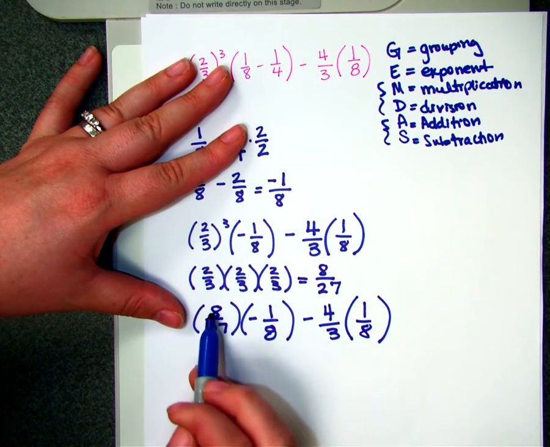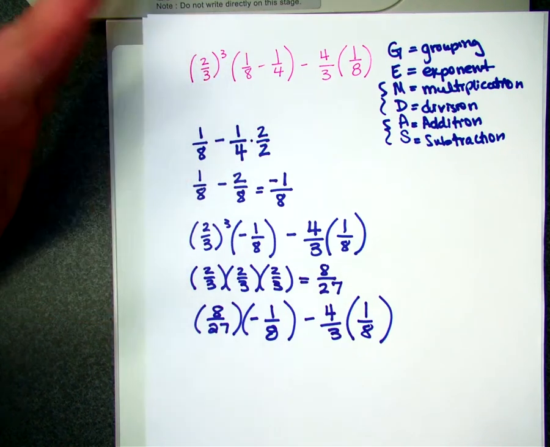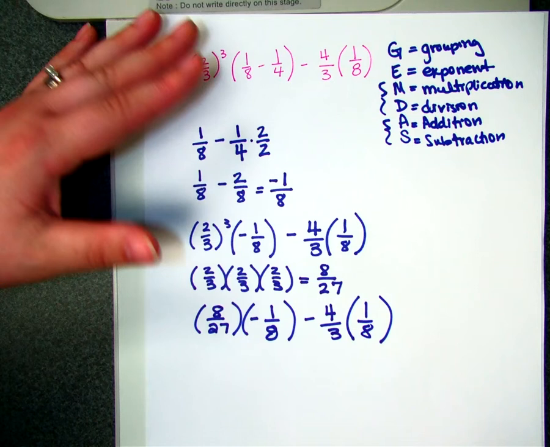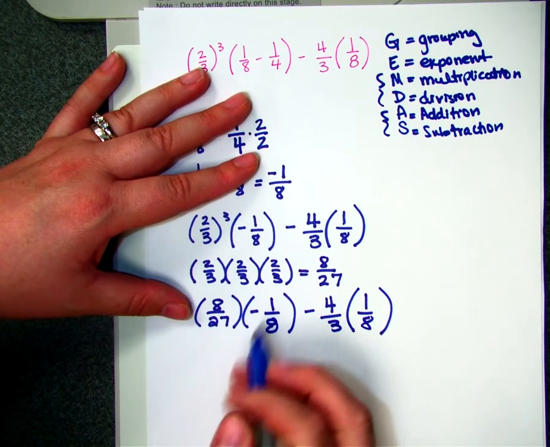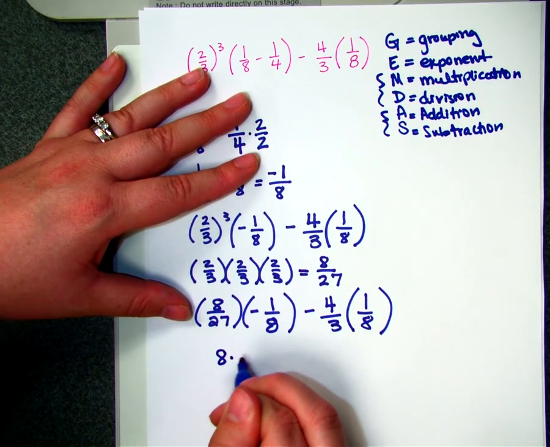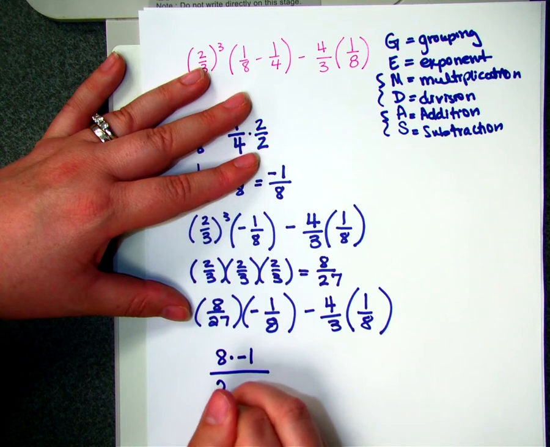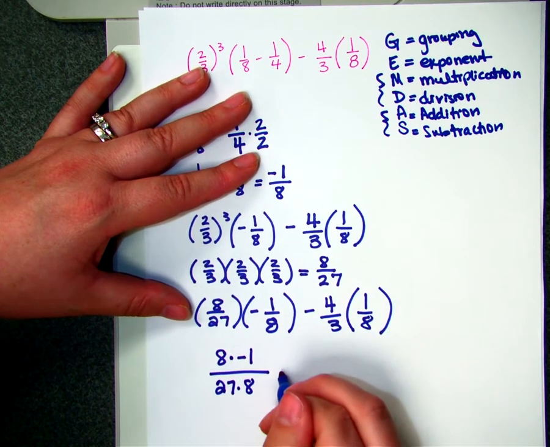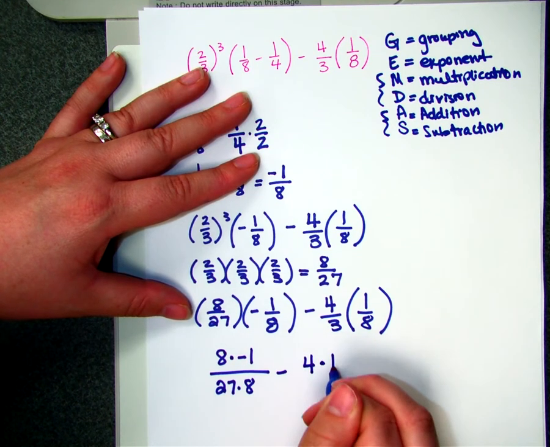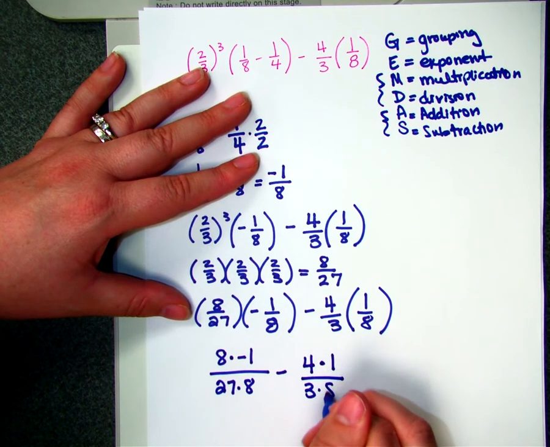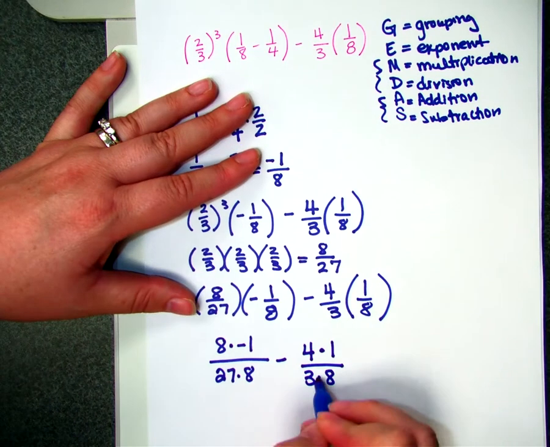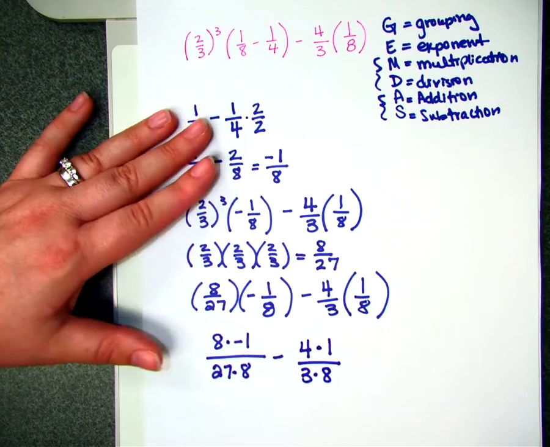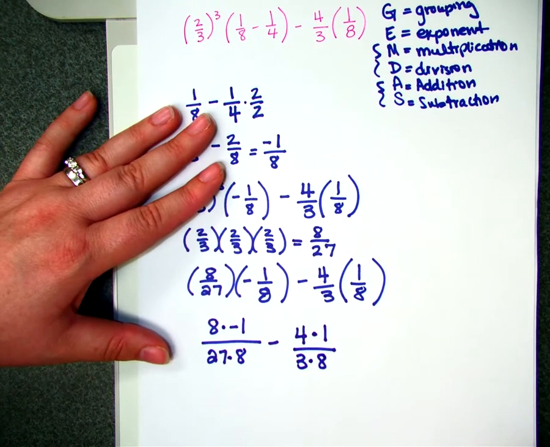To multiply two fractions, we just multiply across the top, and then we simplify fractions, so we look for any factors that they would have in common. So really what we're doing here is 8 times negative 1 over 27 times 8. And over here in the second set, I have 4 times 1 over 3 times 8. What I would suggest doing before you actually multiply these numbers together is to see if your fractions can be simplified.